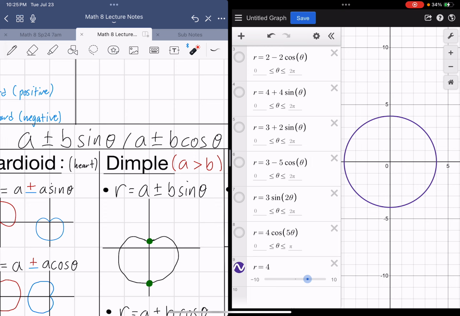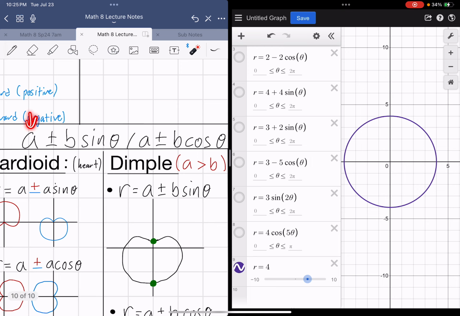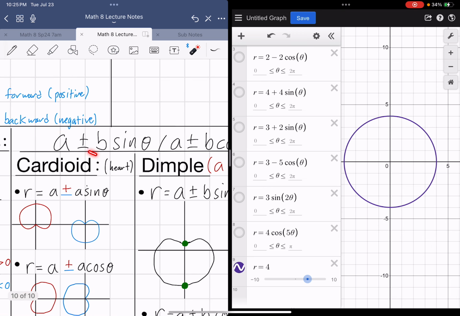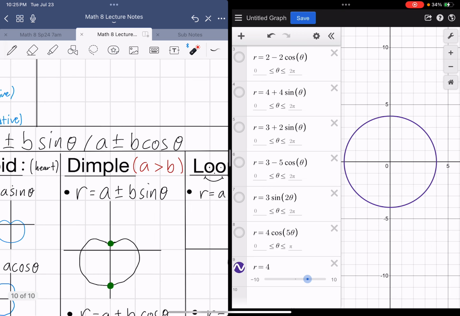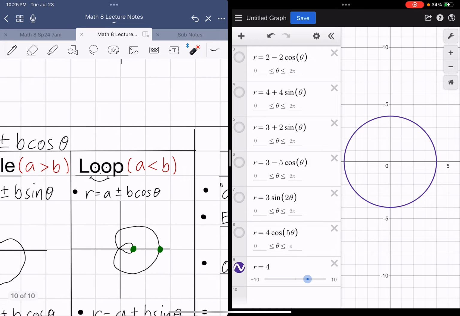Now, depending on what's going on between these values, that constant term and that coefficient is going to dictate if it's either a cardioid, which some people call a heart. I like to call one a dimple, and then there's one that's a loop.